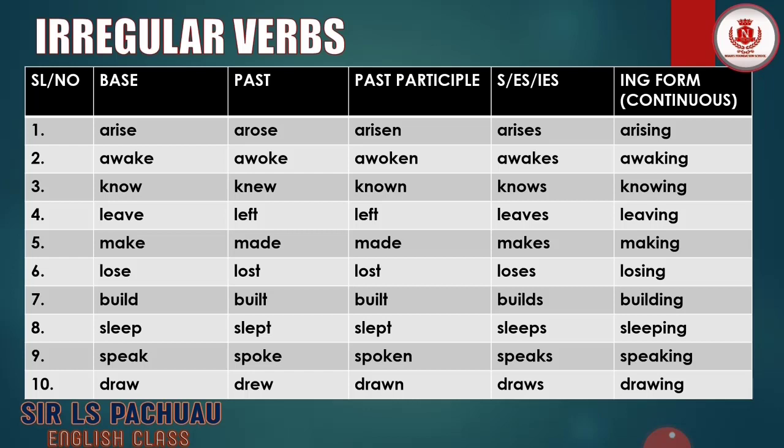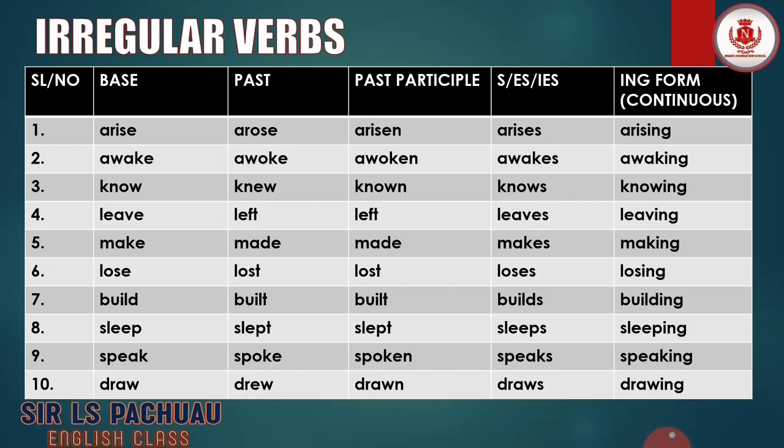Leave also will be conjugated into left, not leaved, L-E-A-V-E-D. No, the past will be left. So do you know the difference now? Make also will turn into made, M-A-D-E, and the past participle is made. Lose also lost, not loosed. No, but lost.